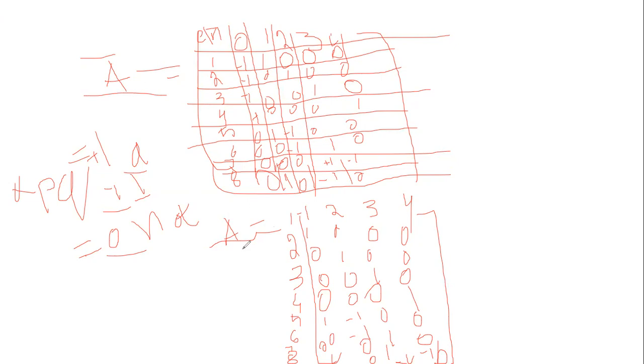After determining the A matrix, we form the A transpose matrix. What is the procedure for forming the A transpose matrix? We interchange the rows into columns and the columns into rows.